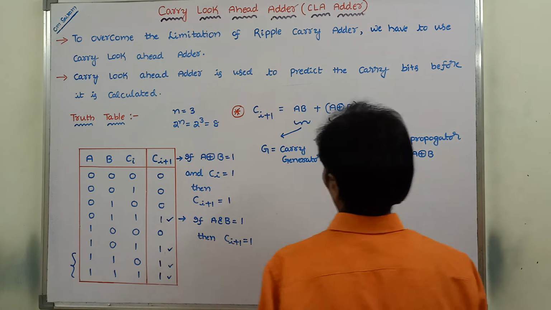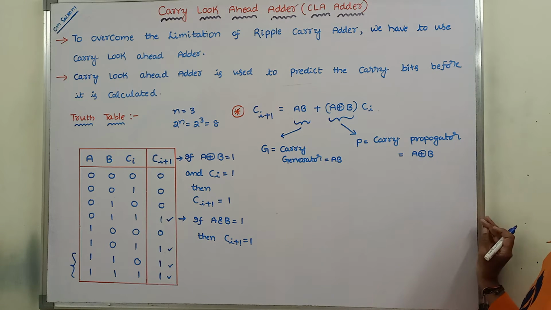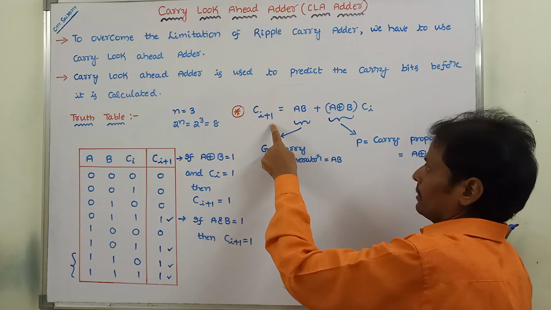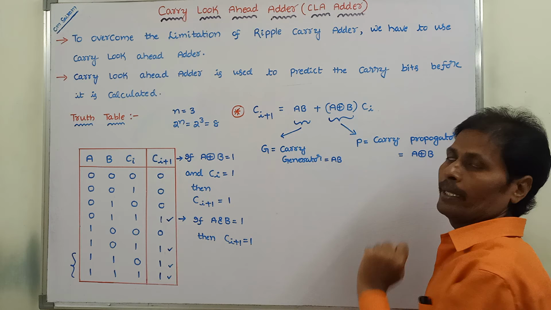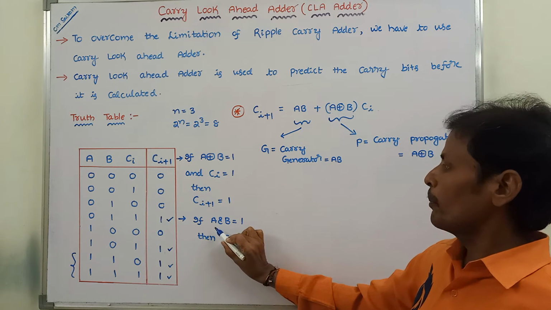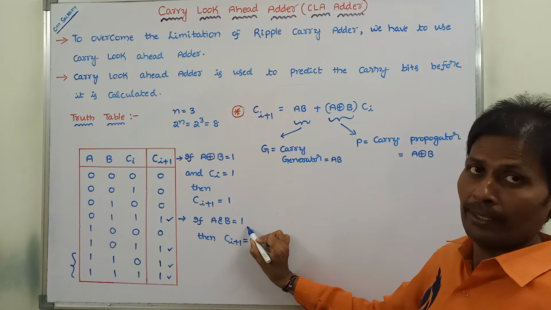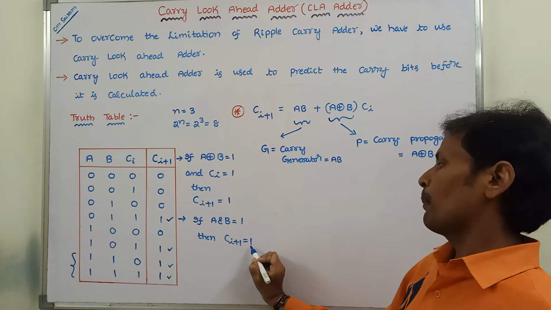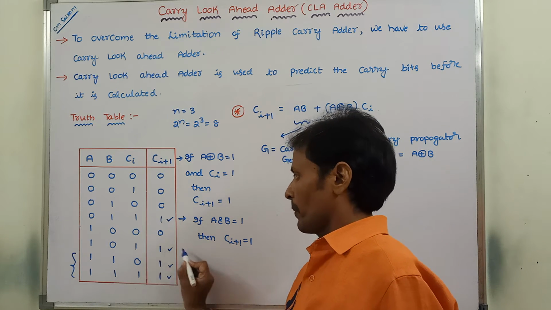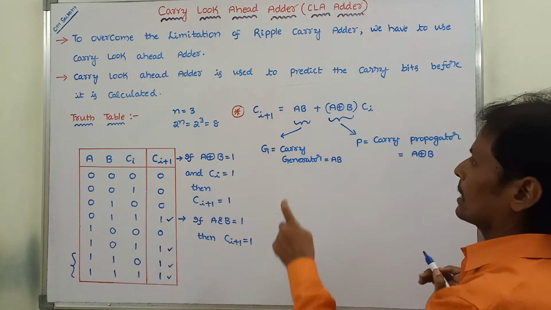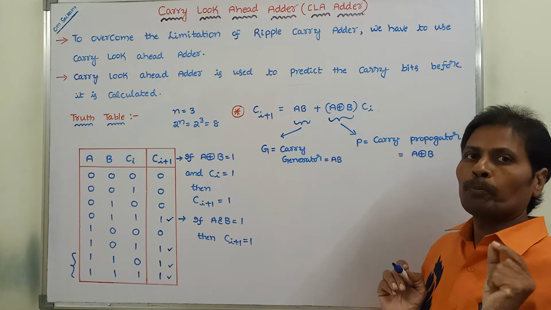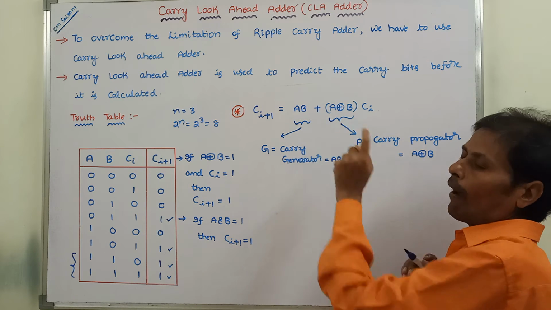Now we have to write the output carry equation. C suffix I plus 1 is equal to AB. AB is nothing but this case. When both the inputs are 1, then C suffix I plus 1 value is equal to 1. These two cases. So, C suffix I plus 1 depends on both the inputs being high.